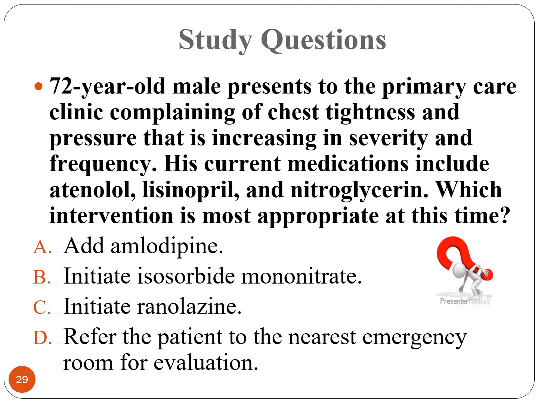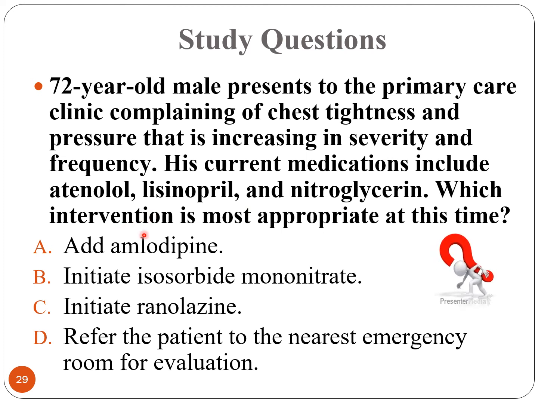Last, a 72 year old male presents to the primary care clinic complaining of chest tightness and pressure that is increasing in severity and frequency. His current medications include atenolol, lisinopril and nitroglycerin. He is using nitroglycerin, but the pain is not relieved and is increasing in severity.